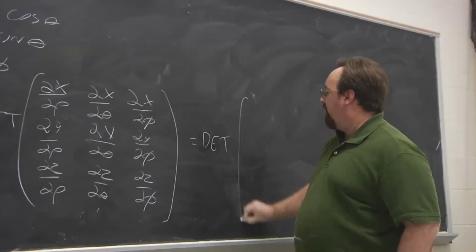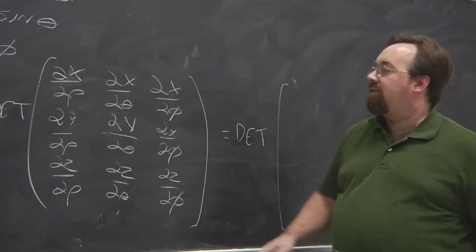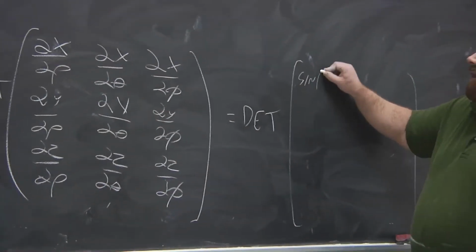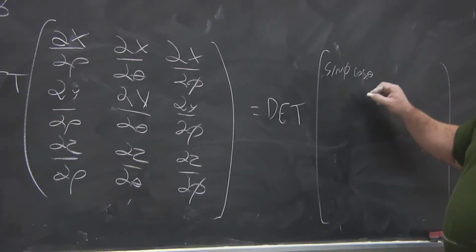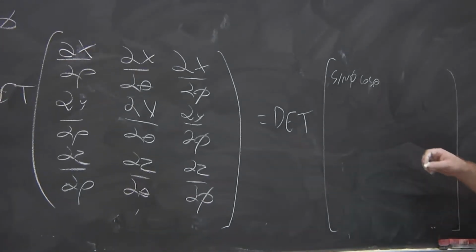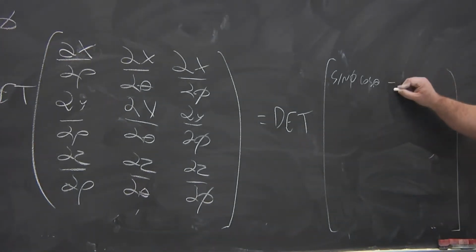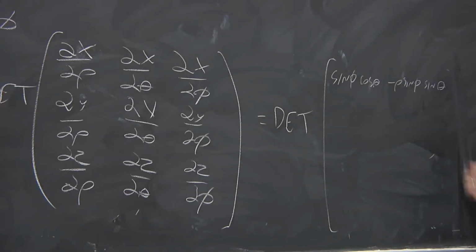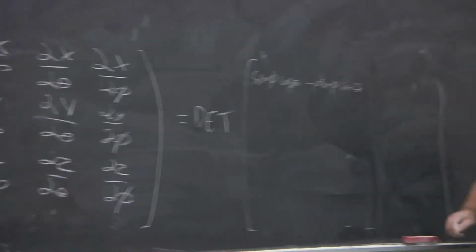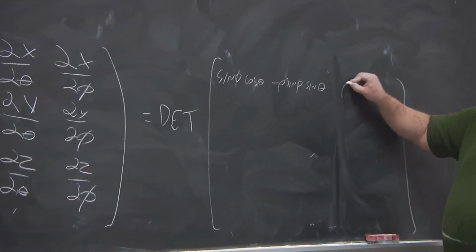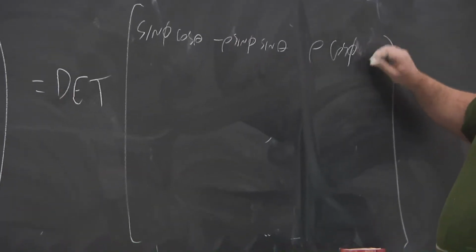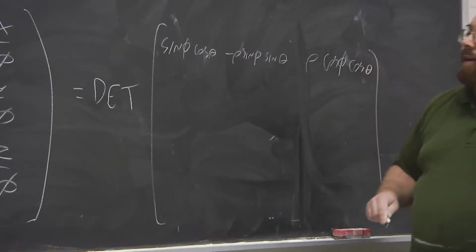So we can fill in what these are. dx d rho, that's sine phi cosine theta. dx d theta is going to be minus rho sine phi sine theta. And d phi, that's rho cosine phi cosine theta.